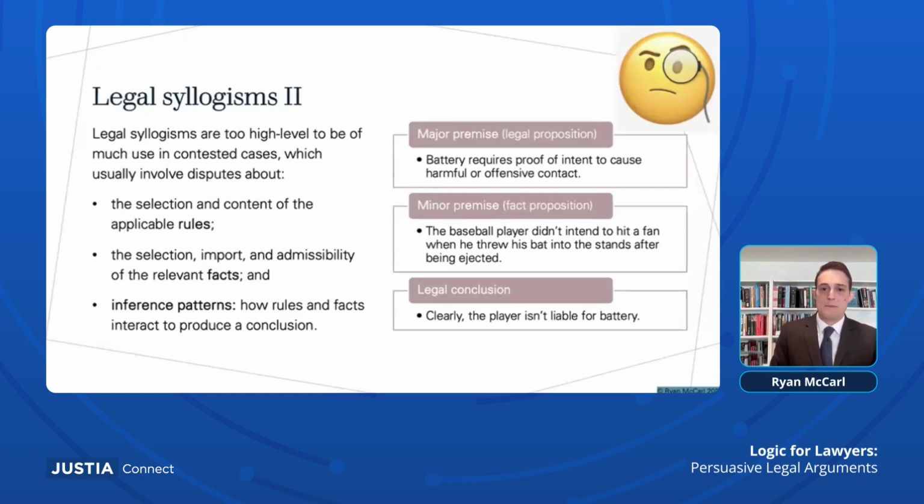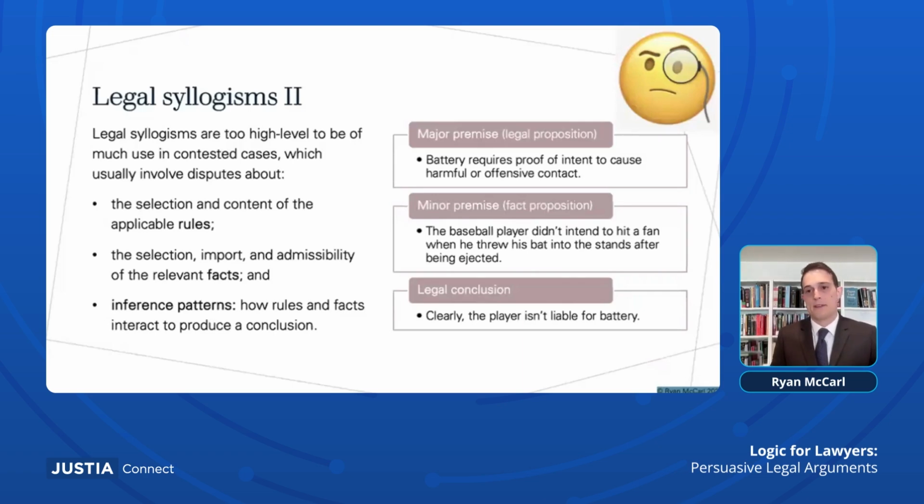And then the minor premise, didn't intend to hit a fan. You have there, to some degree, this idea of equivocation, where you slip out of the discourse of legal terms and into more casual, everyday language. It's like, "I didn't mean to," like a toddler might say when they hit somebody. Well, that's not exactly the same thing as legal intent.